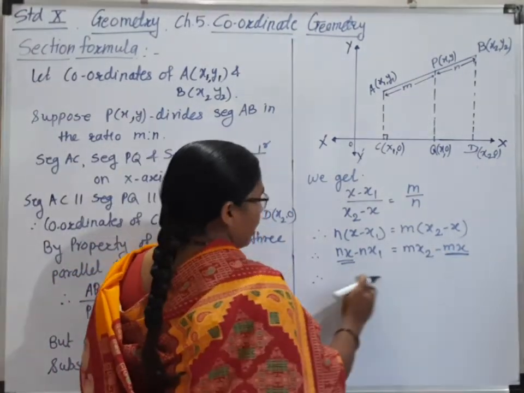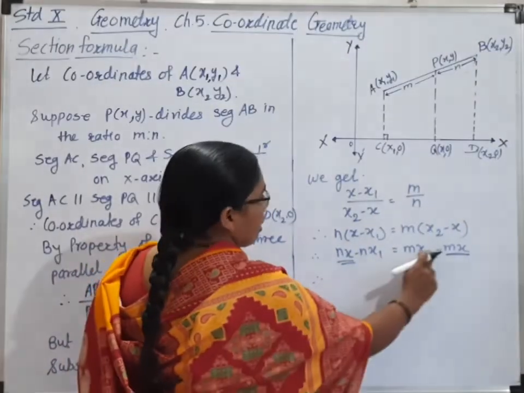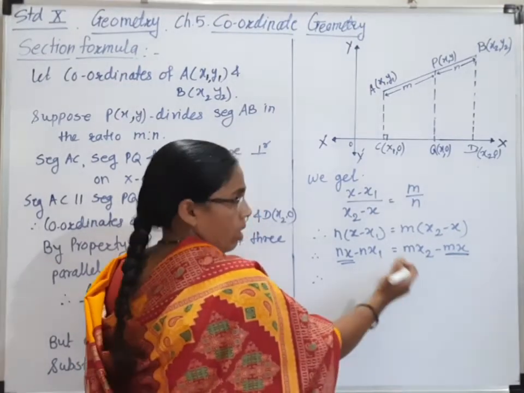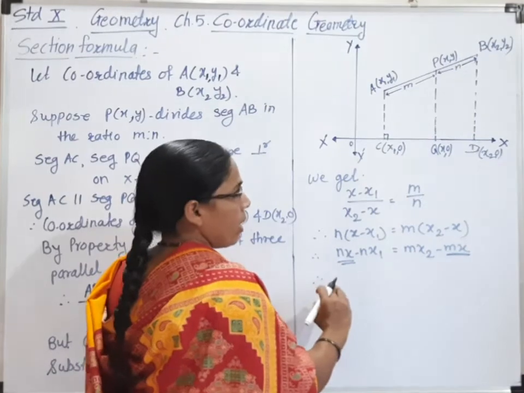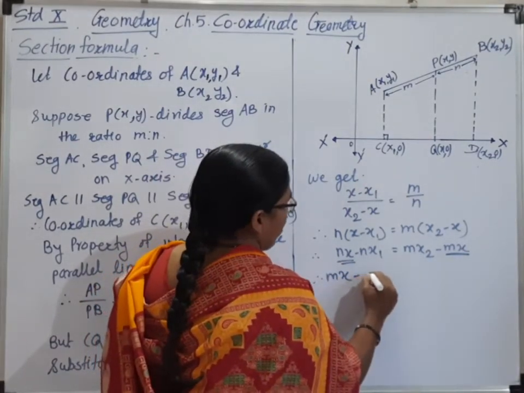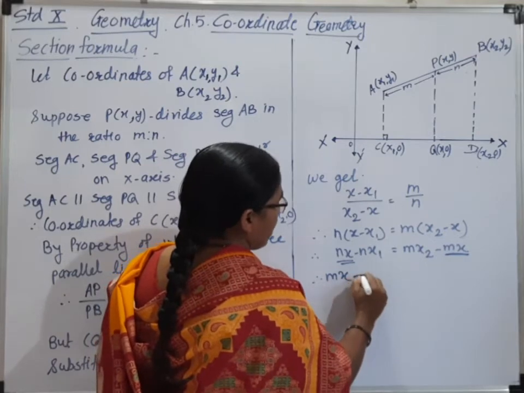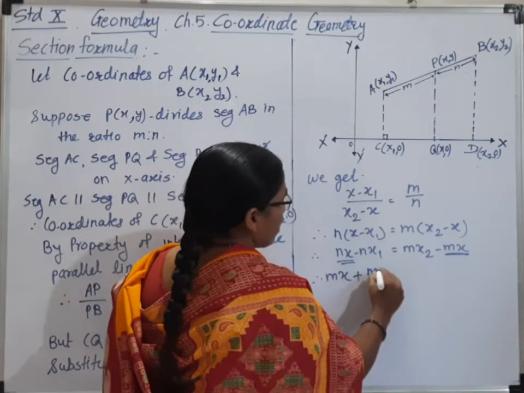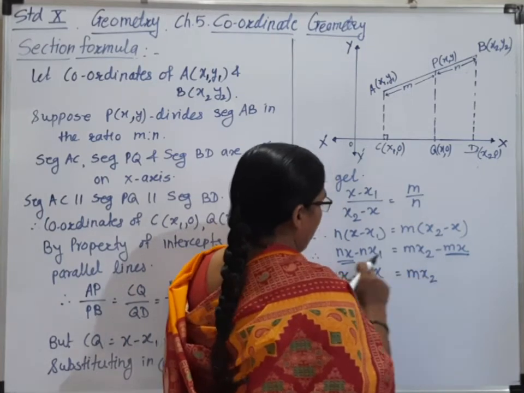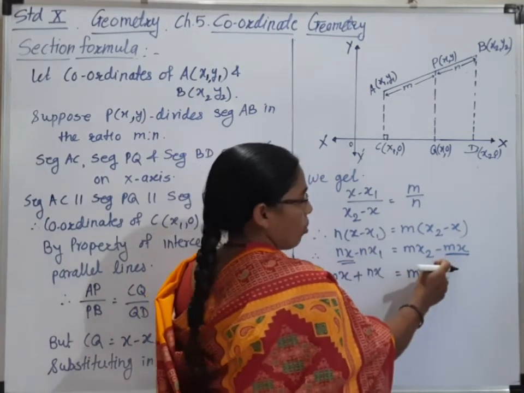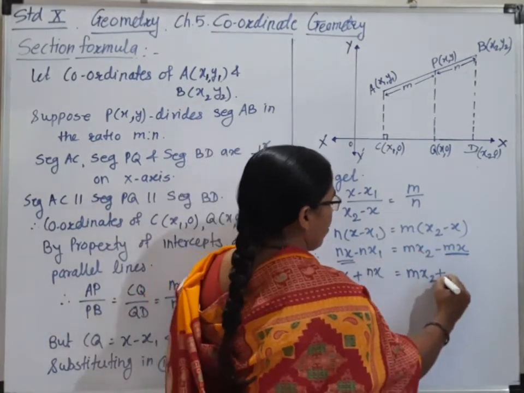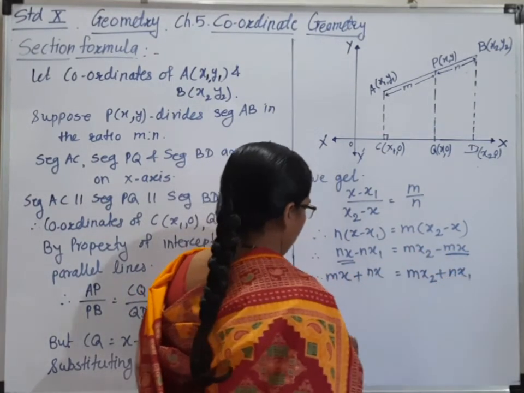When we change the side of any term from left to right or right to left, the sign also changes. So Mx comes to the left, Nx stays as it is, equal to Mx2, and Nx1, which was negative, becomes positive on the right side.